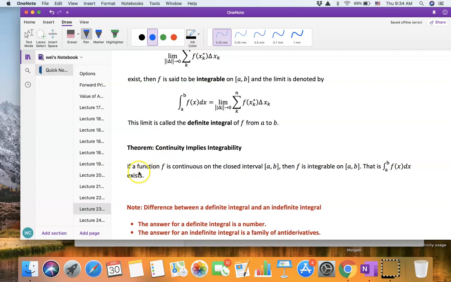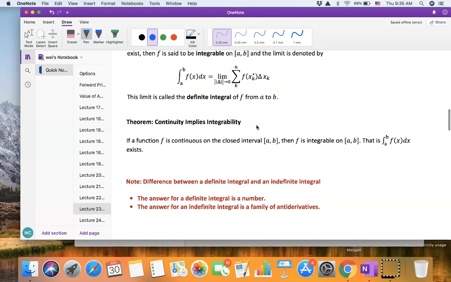So here we have this theorem: if a function f(x) is continuous on the closed interval AB, then f(x) is integrable on AB, and that means the limit exists, and if this limit exists, this definite integral will exist.